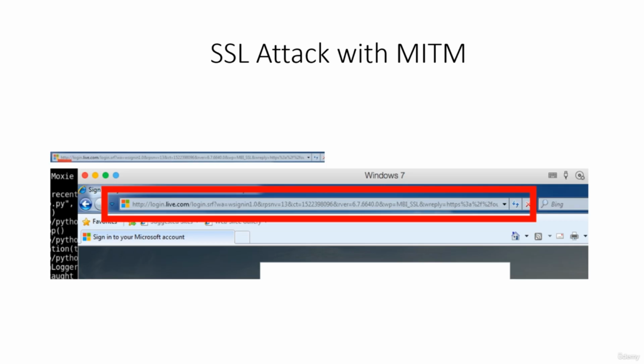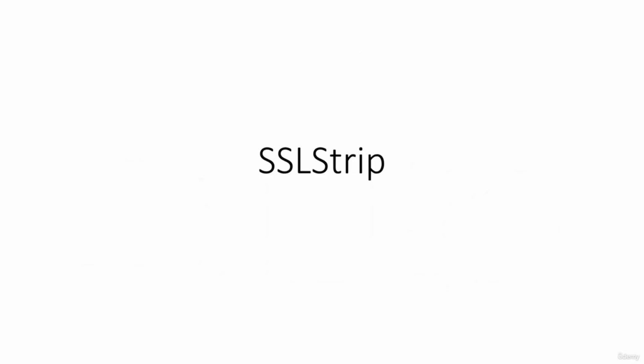Thus, all network traffic of the victim passes through the attacker's computer, which can access it. It means the attacker's computer acts as a switch for the victim computer. This is called the ARP spoofing or ARP poisoning technique. And that is all for SSLstrip.